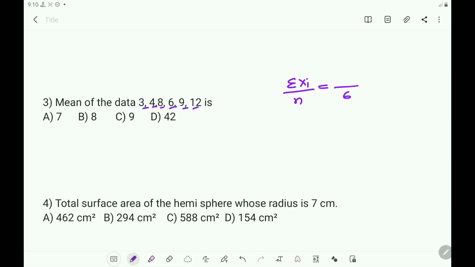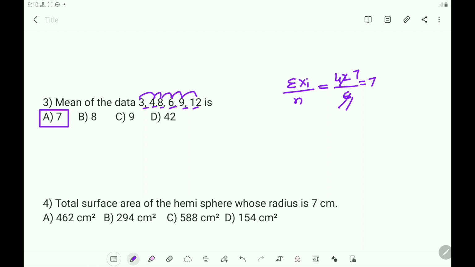So here 6 scores are there. Find the sum here. 3 plus 4, 7. 7 plus 8, 15. 15 plus 6, 21. 21 plus 9, 30. 30 plus 12 is 42. So you can take 6 ones are 6 sevens are. What is the answer? Option A.